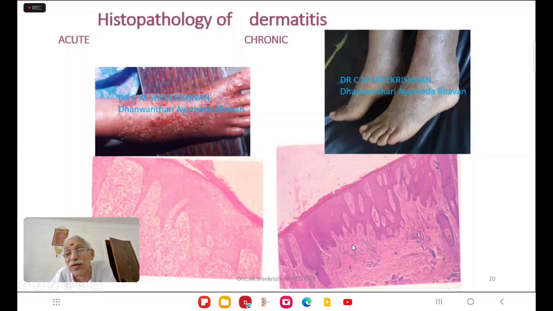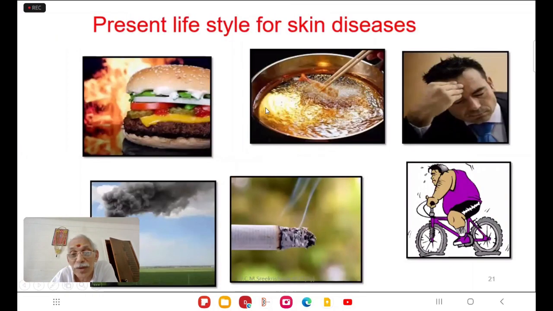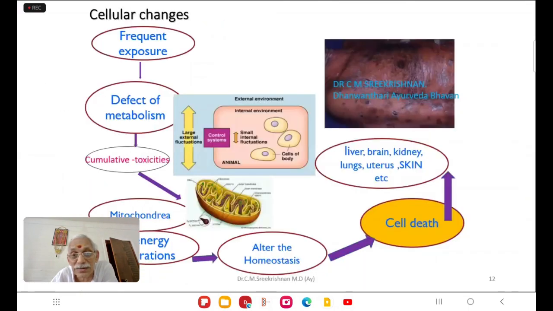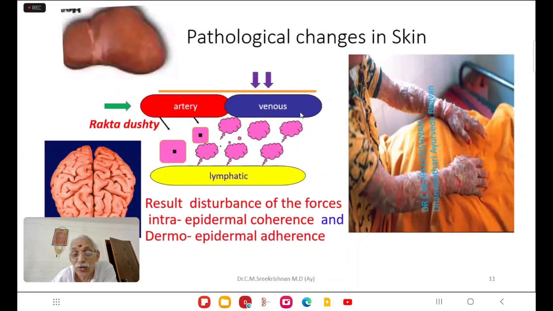That should be cleared first. Then only we are supposed to do this external application. So, one more thing I will tell you here. This is the condition. So, we have to clear this interstitial fluid. Then only you are supposed to apply this. Otherwise, the Srotodushti will happen again and this will be accumulated.